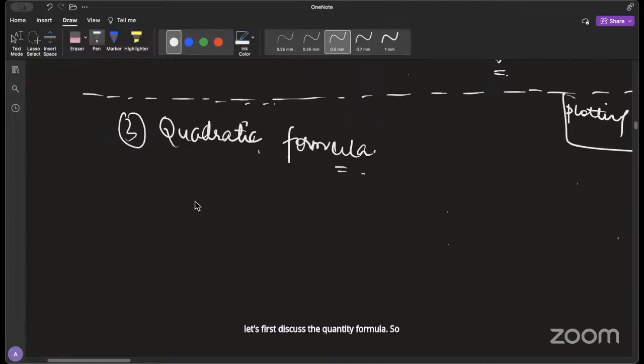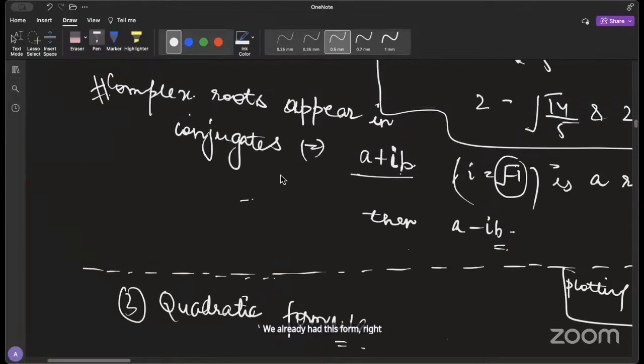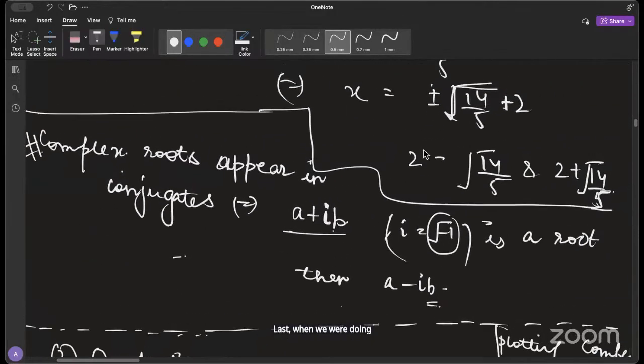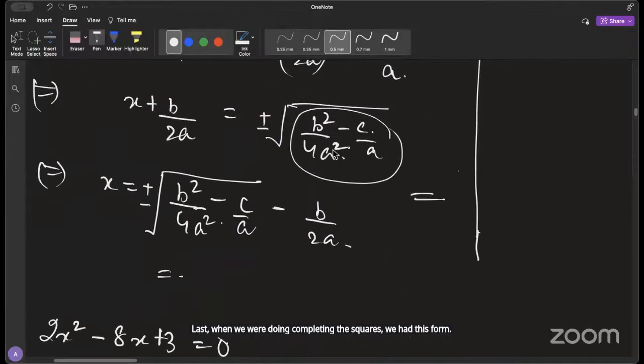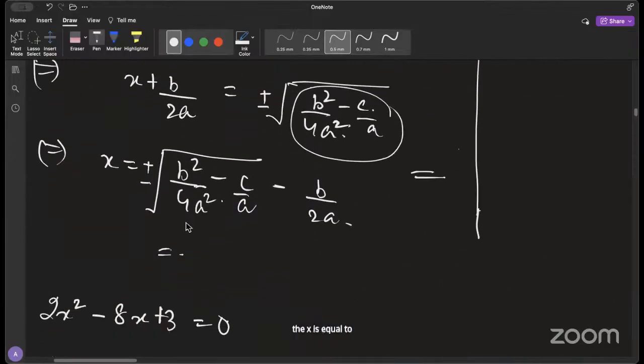So the quadratic formula: we already had this form, right? Last time, when we were doing completing the squares, we had this form where we found that your x is equal to plus minus.